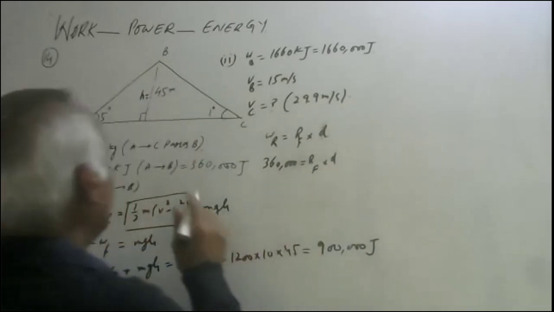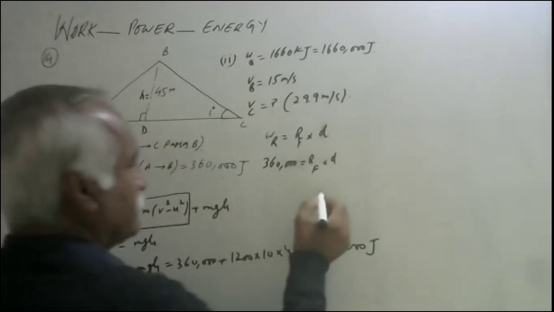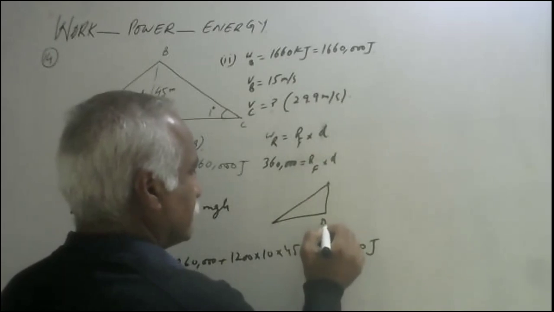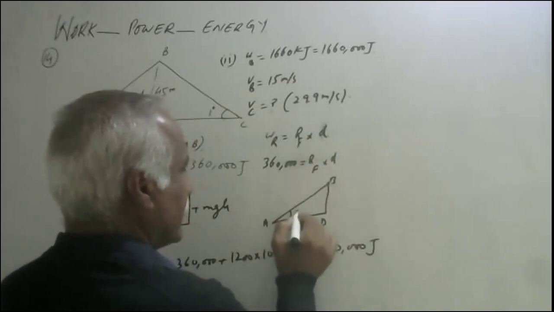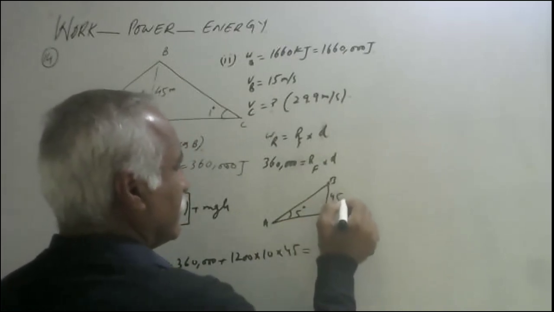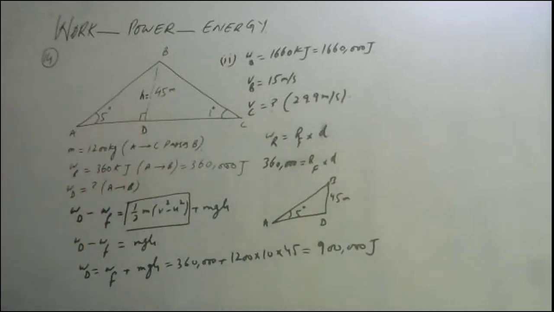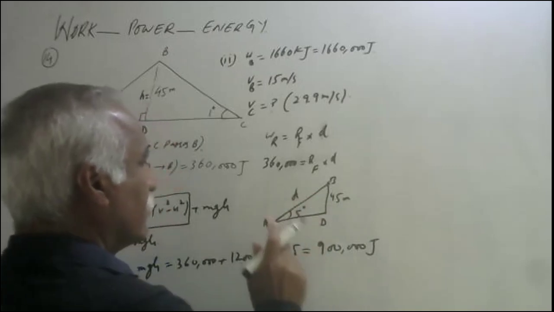But we know that in this triangle ABD, it is making an angle of 5 degrees, and this is 45 meters above point D. Let's say this distance D is being calculated in this part.